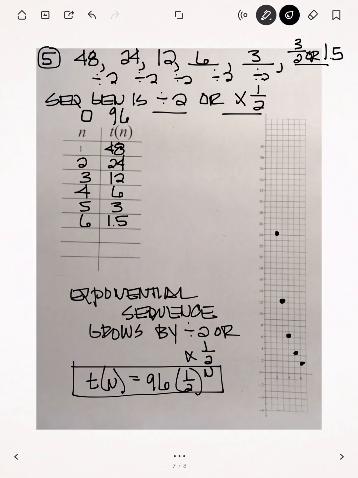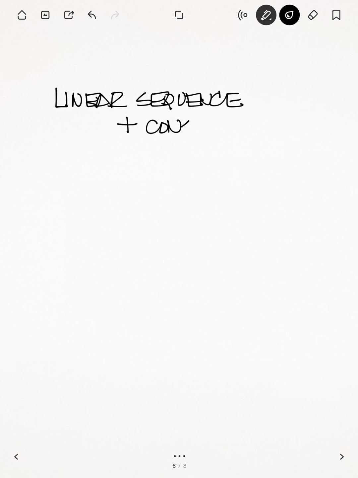Okay, now we're going to summarize. What have we learned today? We learned that a linear sequence, you are going to add a constant to get to the next term.